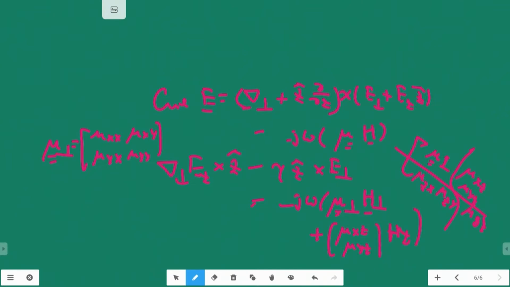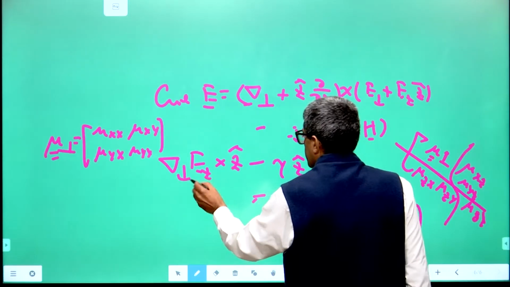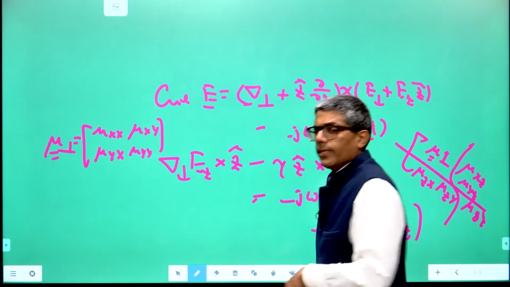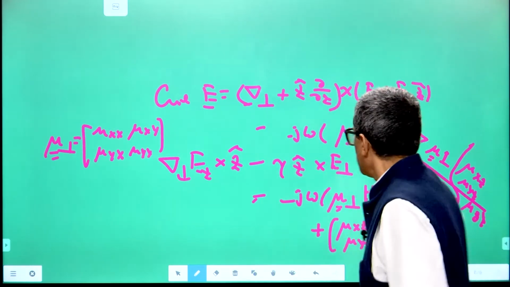So it is clear from this that your h perpendicular and E perpendicular are satisfying linear equations in terms of hz and Ez, and likewise by duality you get a similar equation for curl of h, using the duality transformation, namely E goes to h and h goes to minus E.